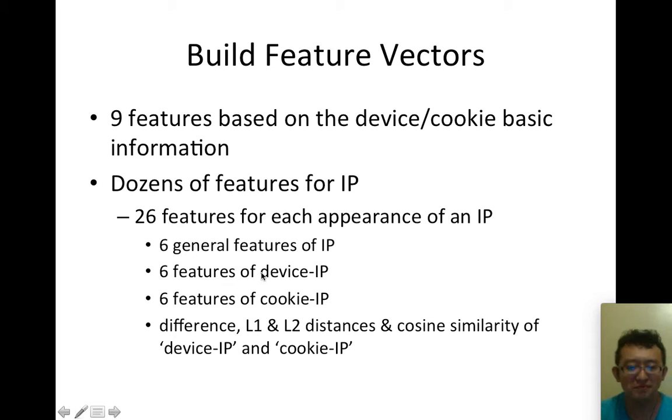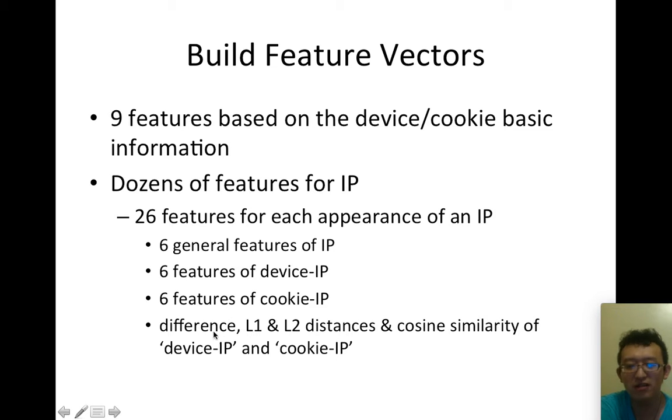Because our goal is to identify the connections between the cookie and the device, we can calculate the difference between these 6 features and these 6 features. We can think of these 6 features as the feature vector for the device, and these 6 features as the feature vector of a cookie.